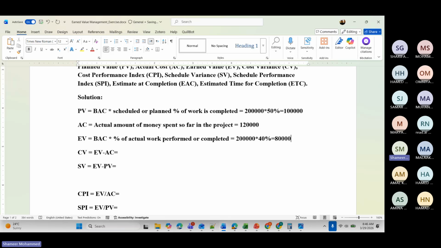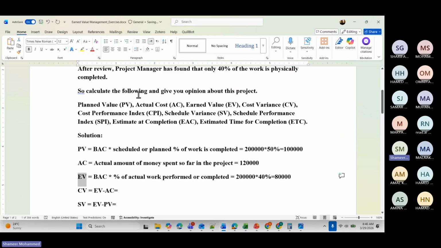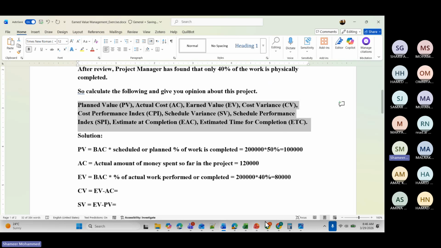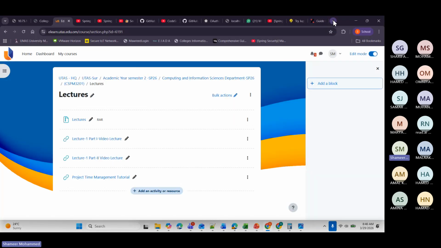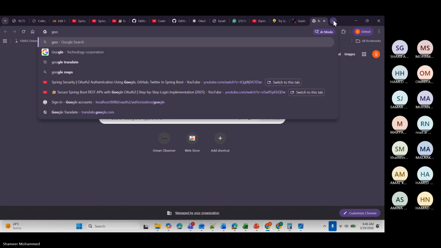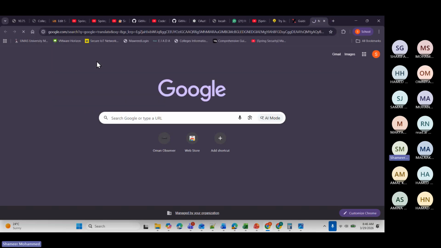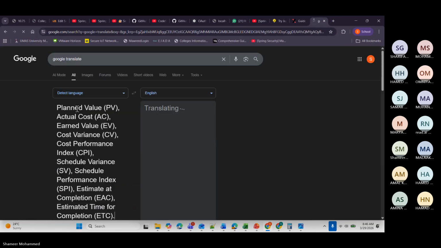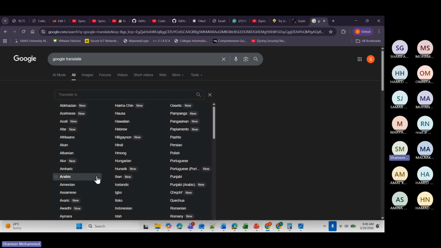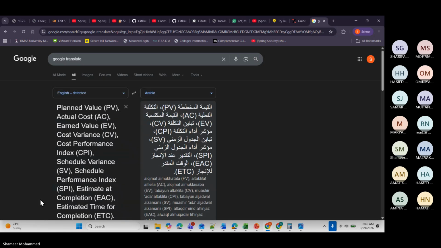Now we have planned value, actual cost, and earned value. If you want, you may get the meanings from translate so that you may gain fast.